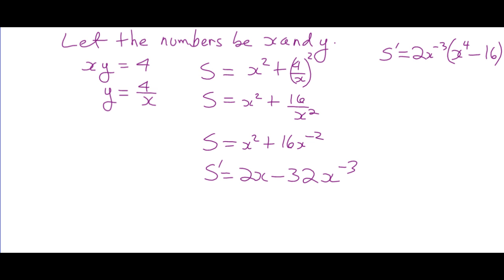Okay, so we've got 2x to the -3, or we just write that as 2 over x cubed. Well, let's just do 2x to the -3. Let's keep that going. X squared plus 4 and x squared minus 4. Okay, so just factoring the difference of squares, and then x squared minus 4, yet another difference of squares.